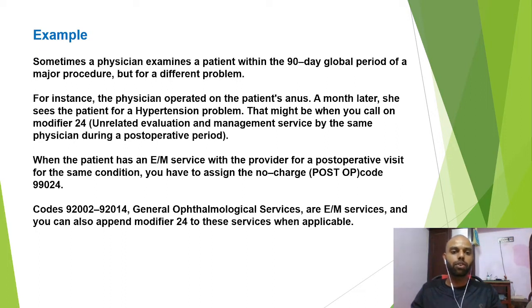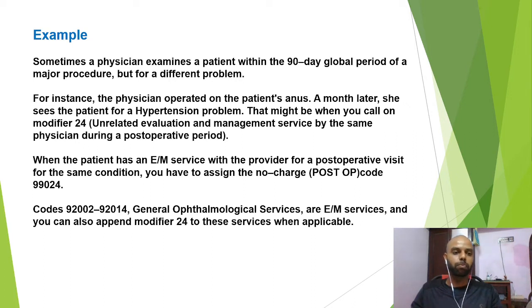Today the reason for the E&M visit is hypertension. Both are two distinct diagnoses, right? So that is called an unrelated evaluation and management service by the same physician during the postoperative period. So for this case, we have to add the 24 modifier to the E&M service to mention that this is an unrelated service.